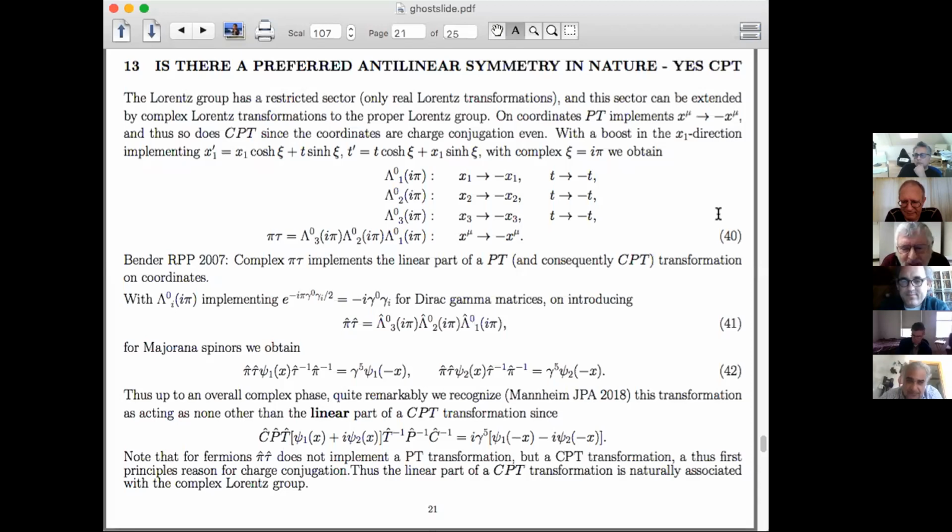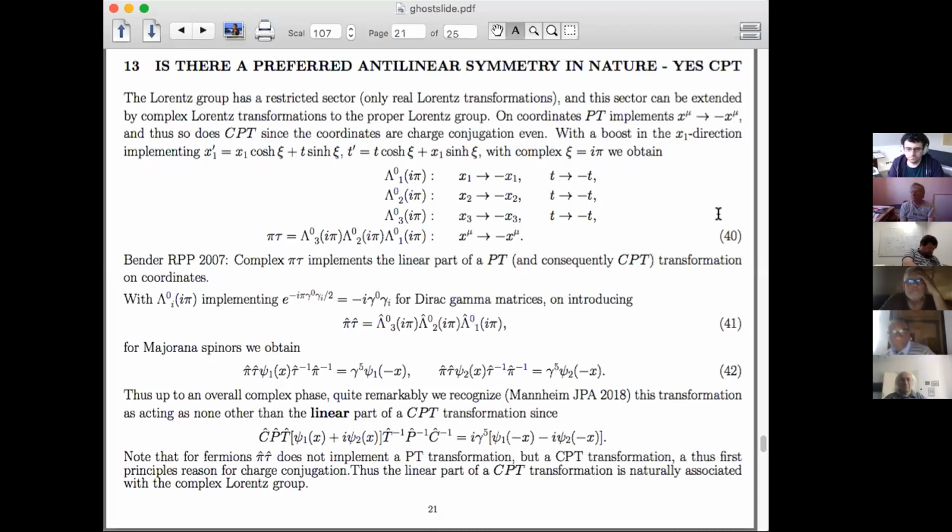The proof that I gave you, I actually started out with Weinberg's textbook on quantum field theory, and he proves the following theorem: every even integer spin state or representation of the Lorentz group can be made to be CPT even, and every odd integer spin state can be made to be CPT odd. That's his theorem. But the action has to be even spin.